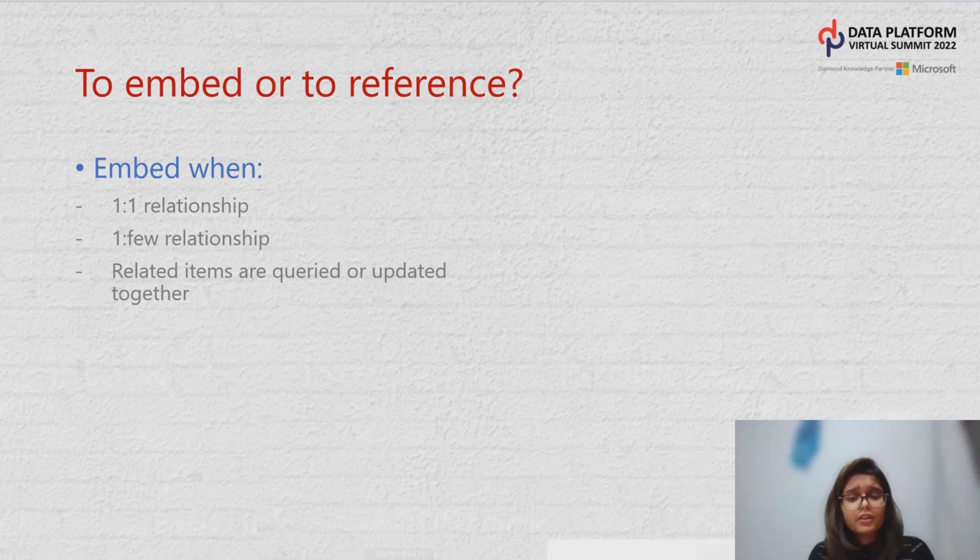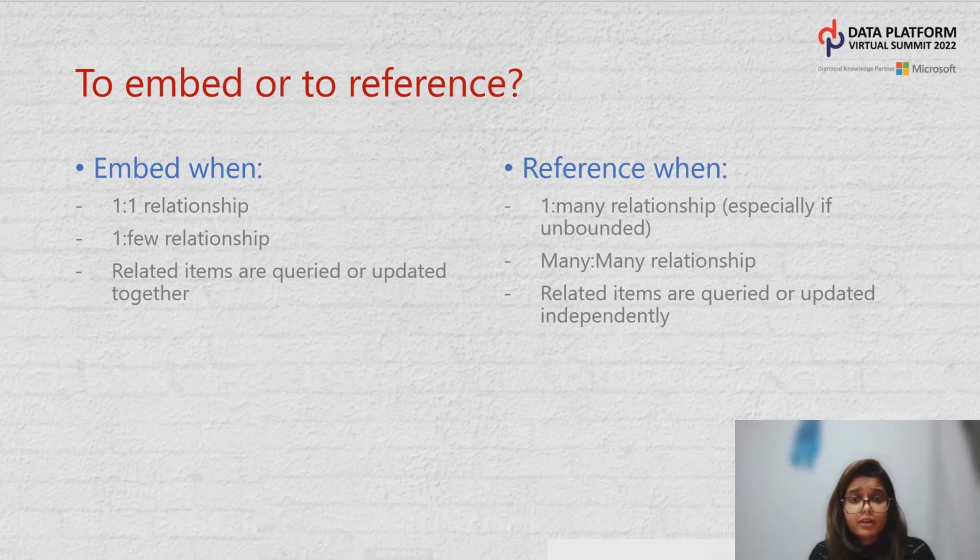The general guideline is we should embed when there is a one-to-one or one-to-few relationship, and we should reference when there is a one-to-many or many-to-many relationship, because there are too many documents which are not going to fit into a single document.